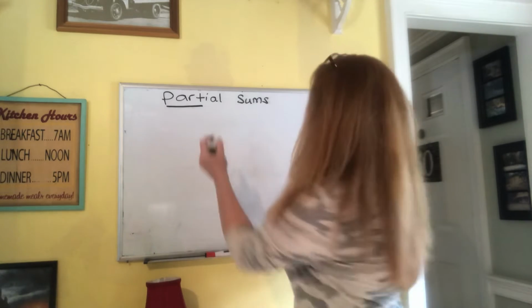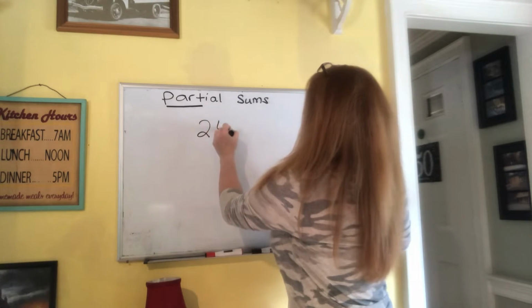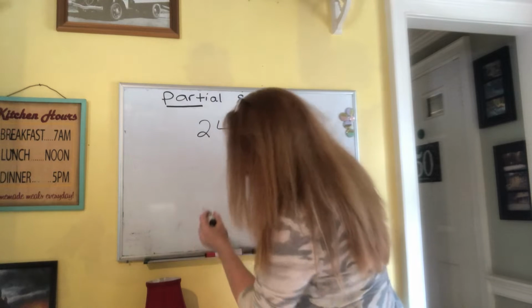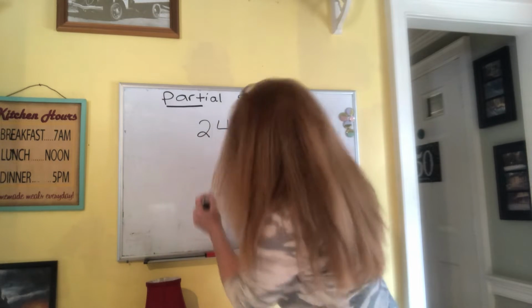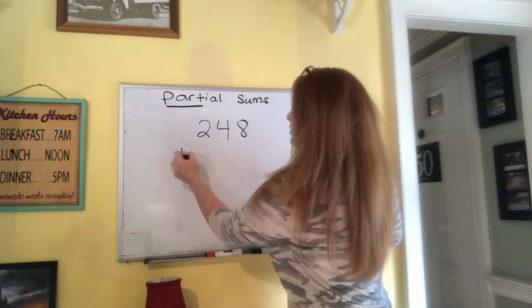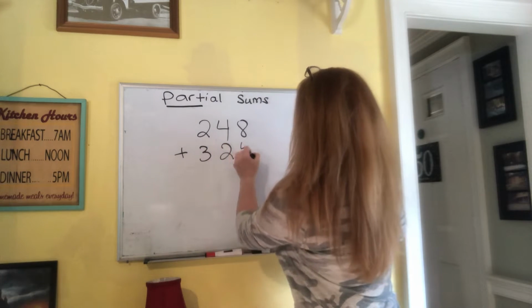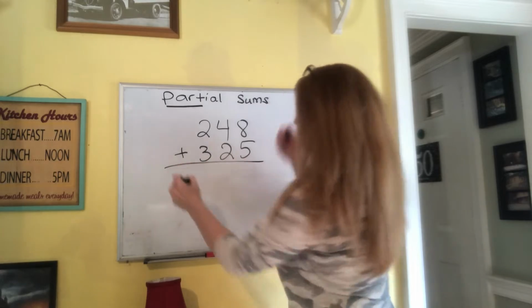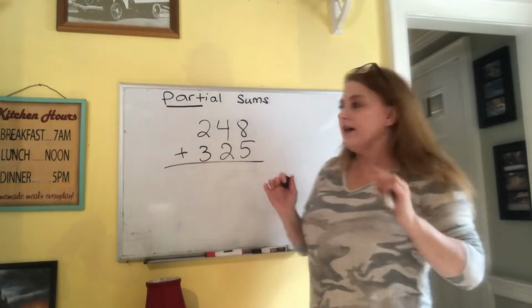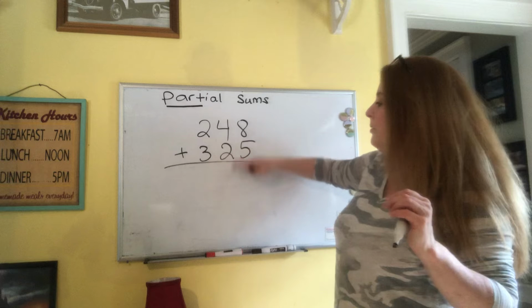Okay, so let's give this a try. We will try 248 plus 325. All right, so partial sums, you go part by part by part.